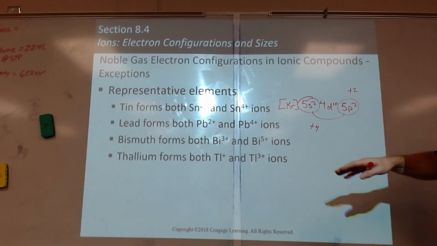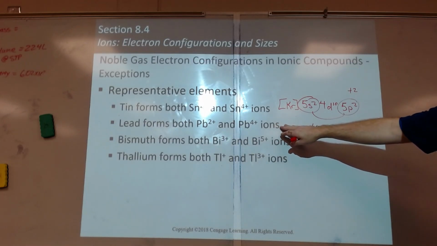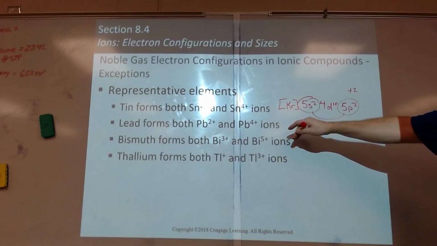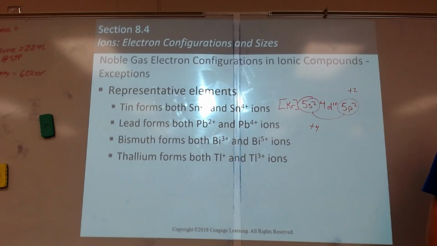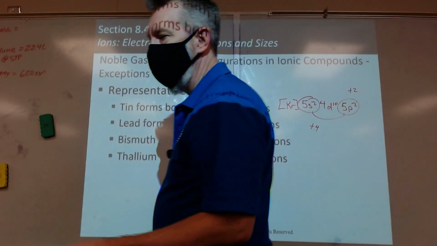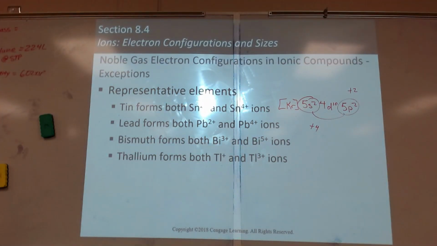So can you all figure out what, this one's going to be the same. Okay? It's just you're also going to have an f in there, but you're losing the s and the p. What about bismuth and thallium? What electrons might they be losing? And you don't have to write them down. I just want you to look at your periodic table and see if you can figure out what they might be losing.